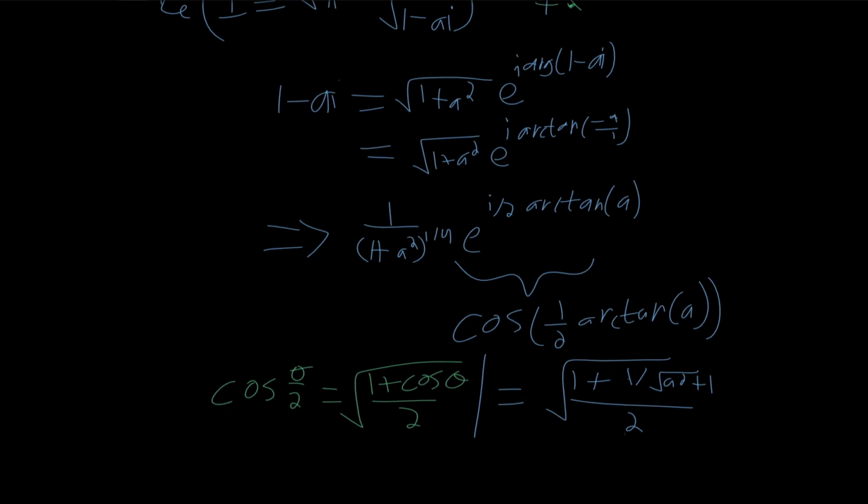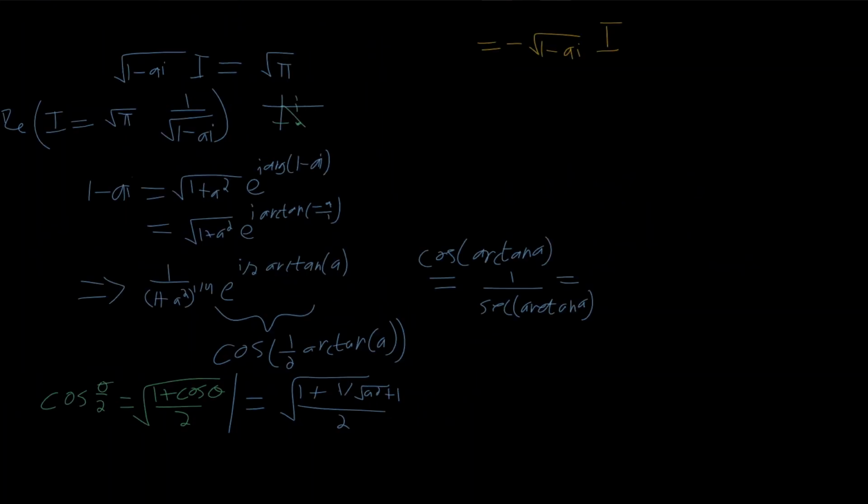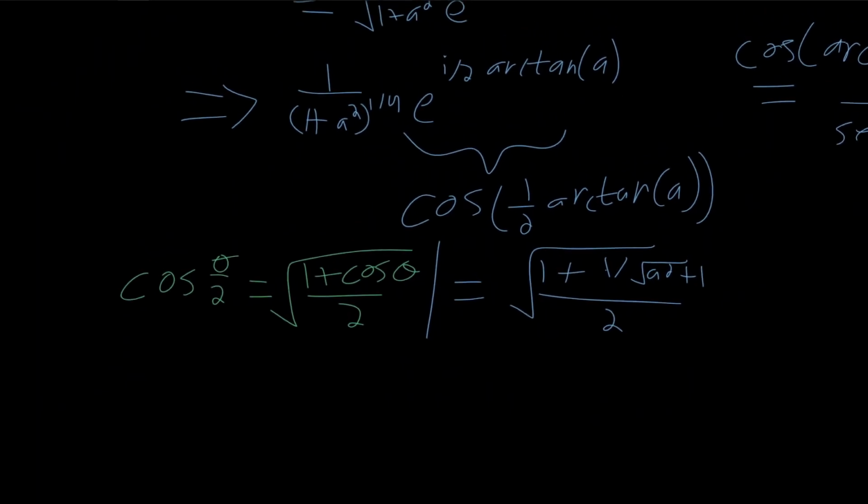We know that cos of arctan of a is equal to that, because this is equal to 1 over secant of arctan of a, and that is just equal to 1 over the square root of tan squared of arctan a, so a squared, plus 1. So just a couple trig identities there to get to that. But the main event right here is, in fact, this.